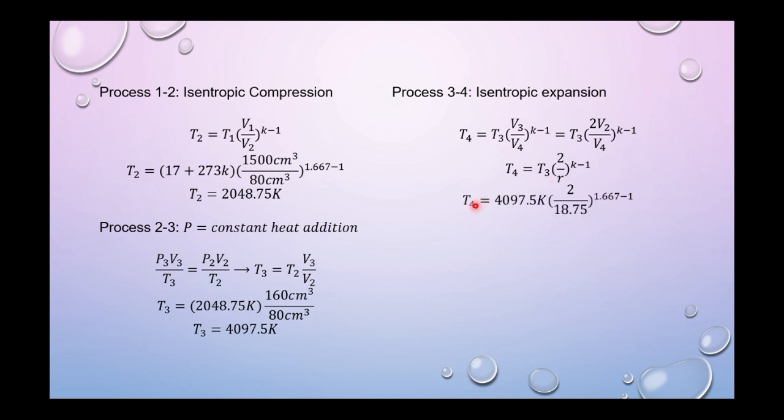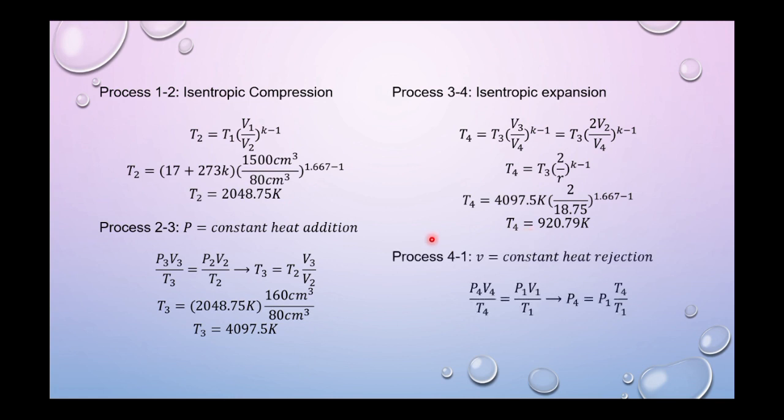So, substitute, our T4 is equal to 4097.5 Kelvin times 2 over 18.75, which is our r, raised to 1.667 minus 1. So our T4 is equal to 920.79 Kelvin.